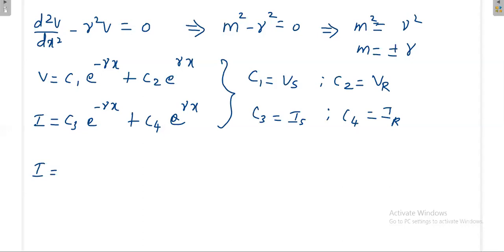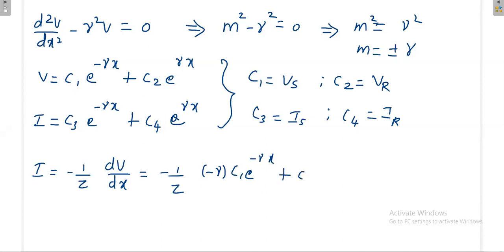Now you have the equation for voltage here. You differentiate this equation with respect to x. So minus 1 by Z, then minus gamma C1 e power minus gamma x plus C2 gamma e power plus gamma x.